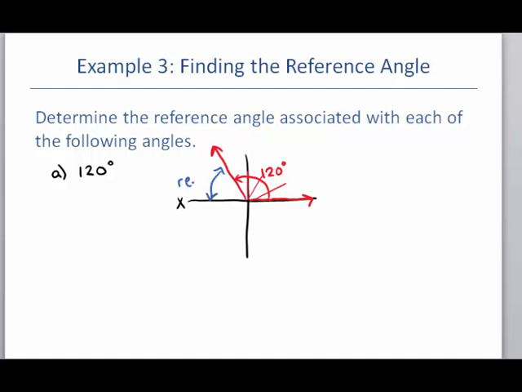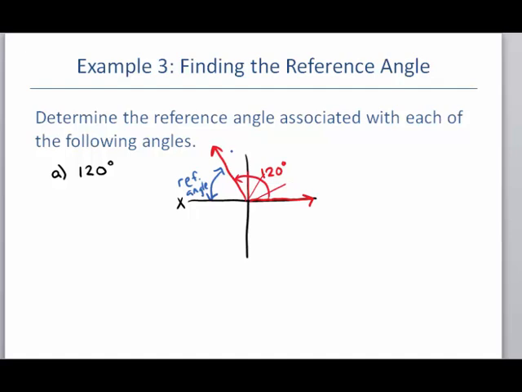Now, your other option is to look at your reference angle being from the terminal side of the angle back to this x-axis. But remember that our definition for the reference angle indicates that the angle has to be less than 90 degrees. And since this angle is more than 90 degrees, it will not work as a reference angle.